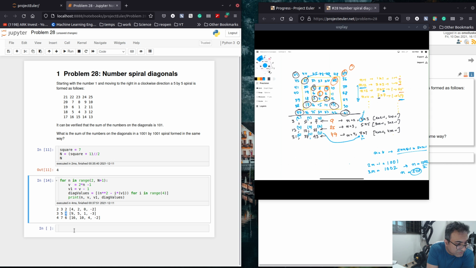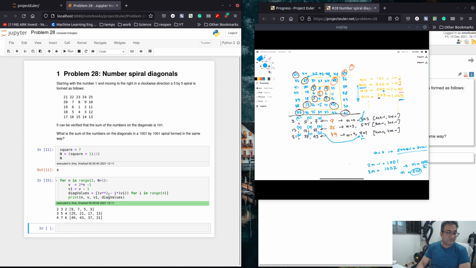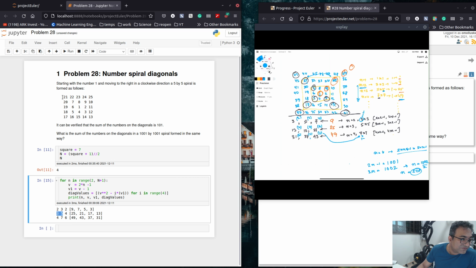For i equals 0, it's 2 square is 4, but it's not n square, it is v square. Okay, so now we have 9, 7, 5, 3. For the 3 by 3 we have 25, 21, 17, 13, and for the 7 by 7 we have 49, 43, 37, and 31. So we are going in the right direction.